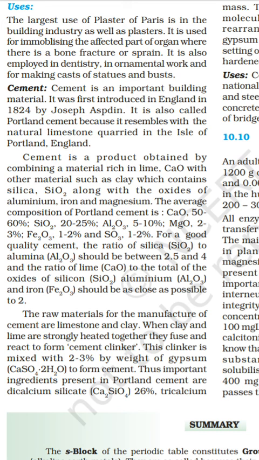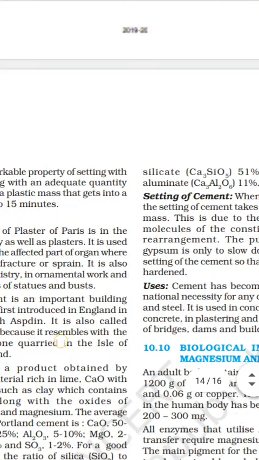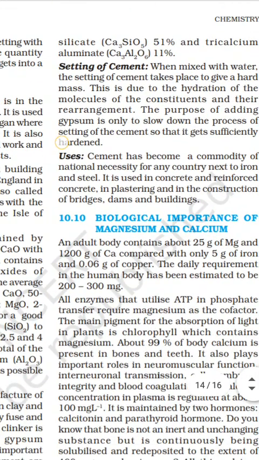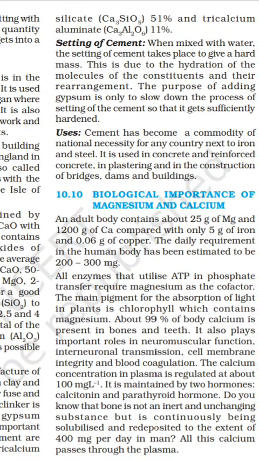The important ingredients present in Portland cement are dicalcium silicate, Ca2SiO4, 26%, tricalcium silicate, Ca3SiO5, 51%, and tricalcium aluminate, Ca3Al2O6, 11%. Setting of cement.